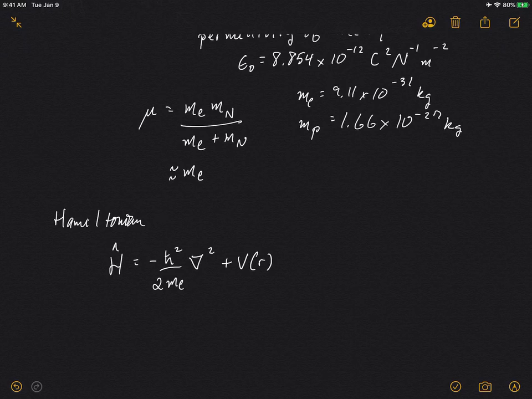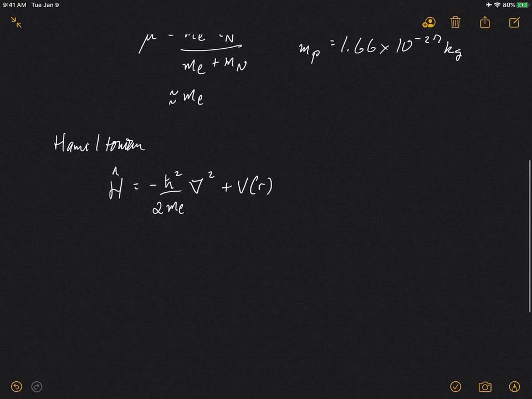And because our system is essentially spherically symmetric, we have this central potential where the potential energy depends on the distance between the nucleus and the electron. Therefore, the natural set of coordinates, and really the only set that's practical, at least for initially trying to solve the Schrodinger equation, is spherical polar coordinates.